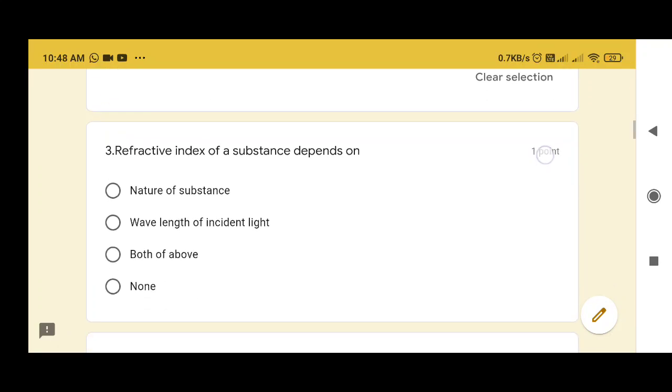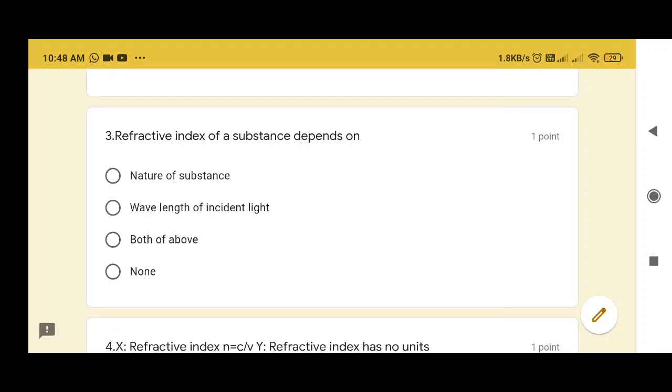Third question: refractive index of a substance depends on. Refractive index of a substance depends on the nature of the substance and the wavelength of the incident light. So here the two answers are correct. That's why option C, both of the above, is the correct answer.